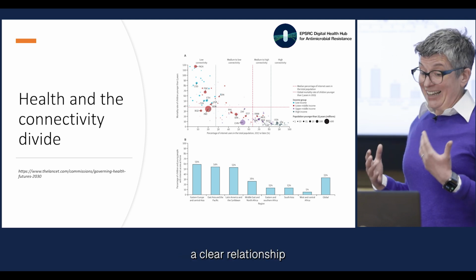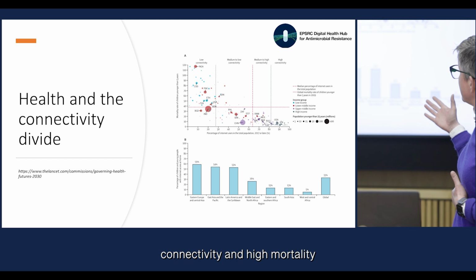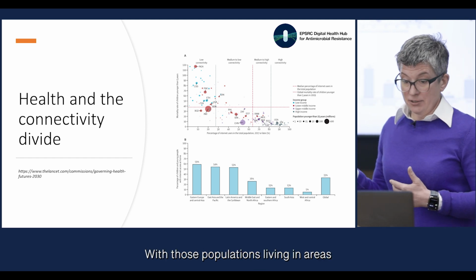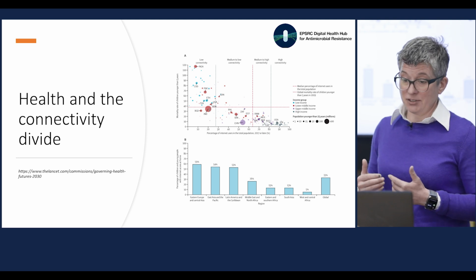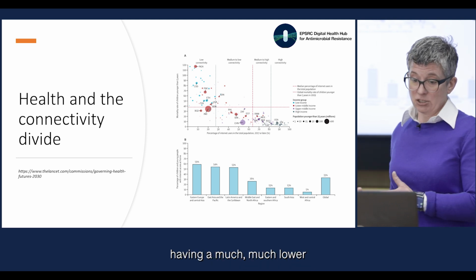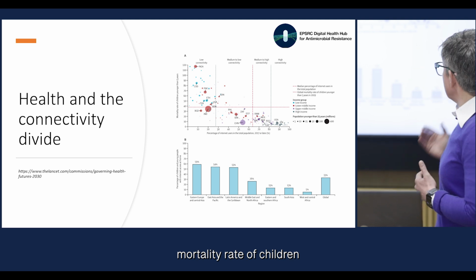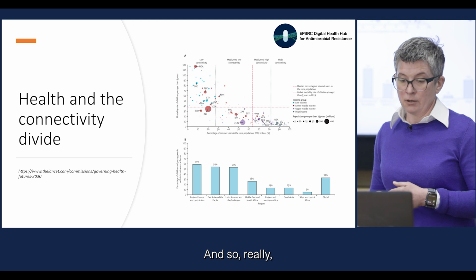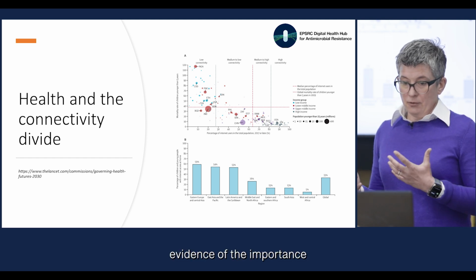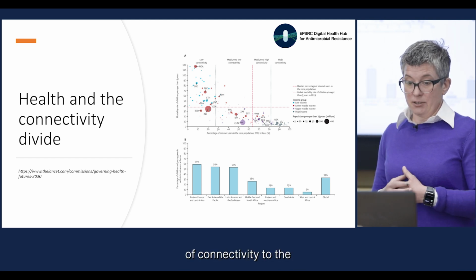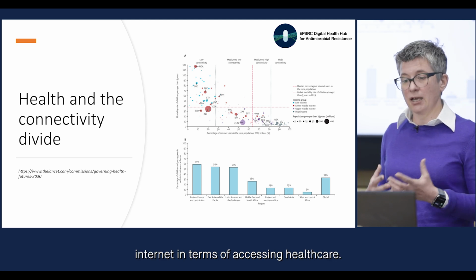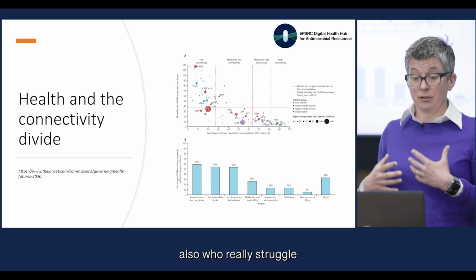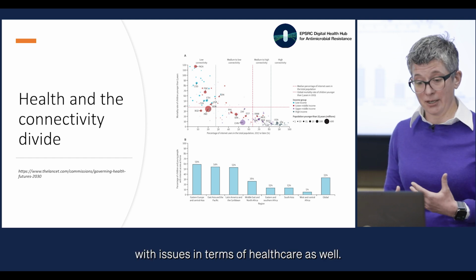You can see there's a clear relationship between low connectivity and high mortality rate of children younger than 5, with those populations living in areas with high connectivity having a much, much lower mortality rate. So really stark evidence of the importance of connectivity to the internet in accessing healthcare, reflecting that those countries that have low connectivity have also really struggled with issues in healthcare.